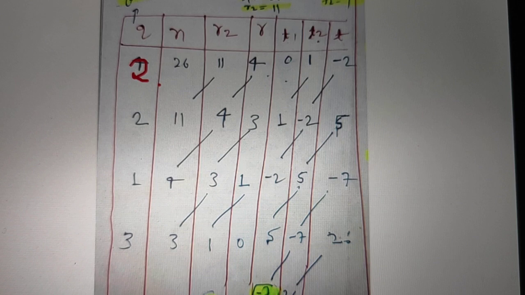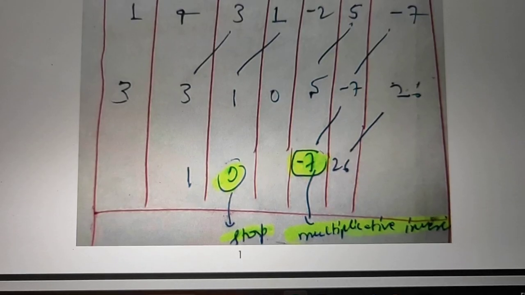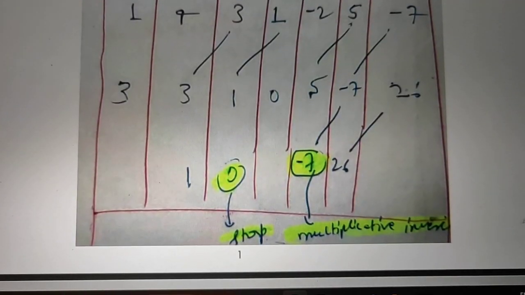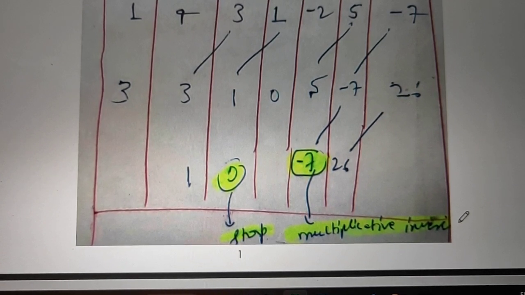Accordingly, if we proceed, in the last step the R2 value will be 0, and the T1 value will be minus 7. So minus 7 will be the inverse of 11. When the R2 value is 0, it is the indication that we have to stop the algorithm.